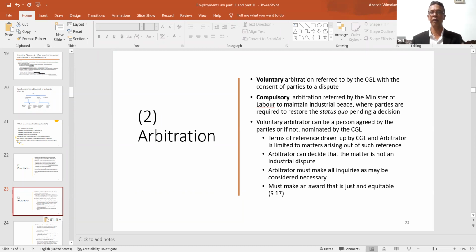An arbitrator can decide that the matter is not an industrial dispute. The arbitrator must make all inquiries considered necessary and must make an award that is just and equitable.